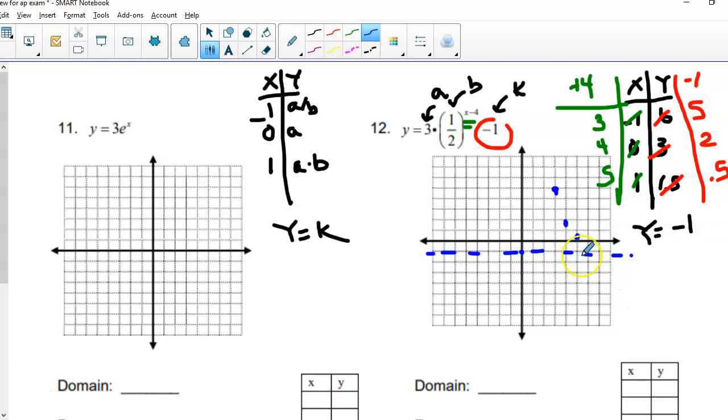Okay, so now how is this graph going to look? We know that this is exponential decay because this B value is in between 0 and 1. So what that means is I'm going to have a graph that's swooshing down. So I'm going to go just like this.